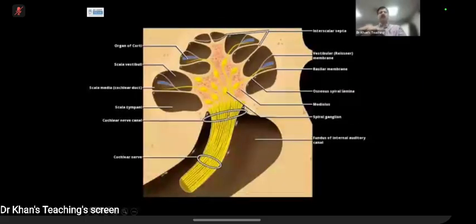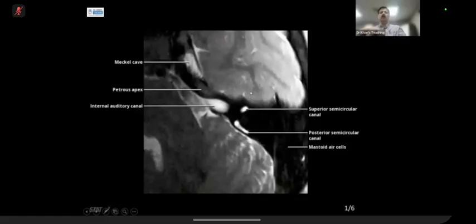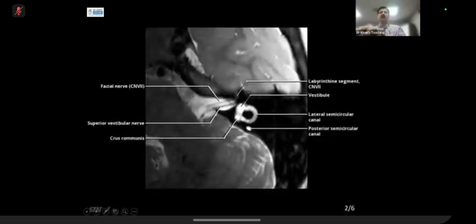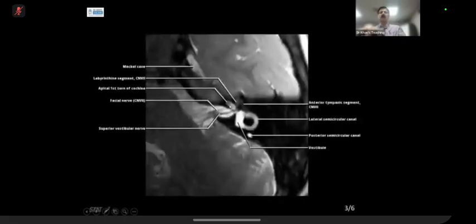This diagram shows you the microscopic structure of the cochlea and the nerve going in. This is the flower we are talking about, in a few MR sections. Here, this is the lateral semicircular canal, and this is the flower, which is the cochlea.